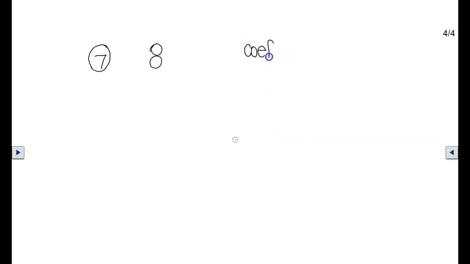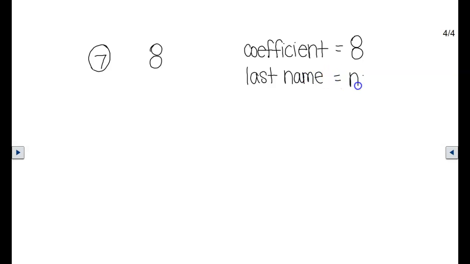When you see a number like 8 and that variable part appears to be missing, you will say that the coefficient is 8. The number part of that term is 8. And when it gets to the last name, or the variable part, we will say there is none. So it is possible for a term to be missing that last name and to have the coefficient only.